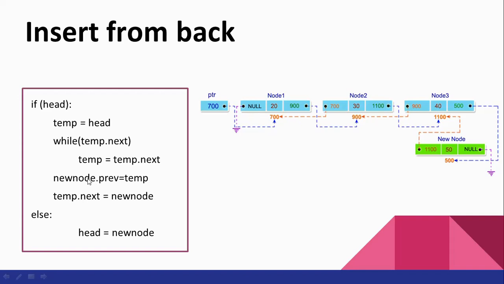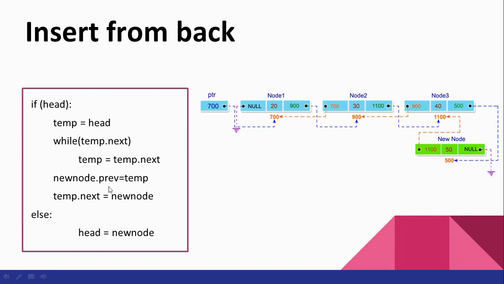Okay, the next one is newNode.previous. The previous pointer of the new node should obviously point to the current temp, right? That means temp is currently located at the last node of the linked list, but we are going to insert a new node at the end, so that new node becomes the last node.